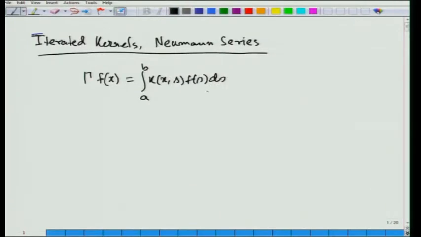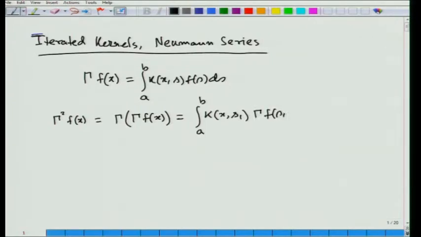Now, in order to obtain the iterated kernels, as we have done for Volterra integral equations, we can write Gamma 2 f x is nothing but the integral operator Gamma operating upon Gamma f x. Therefore, we can write this as equal to integral a to b k of x comma s 1 Gamma f of s 1 d s 1.